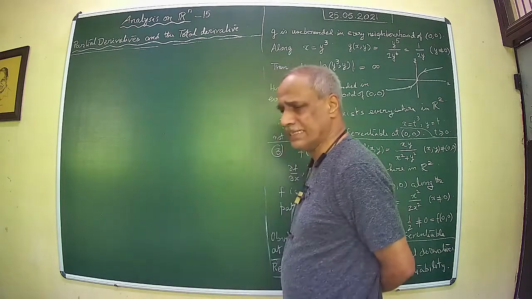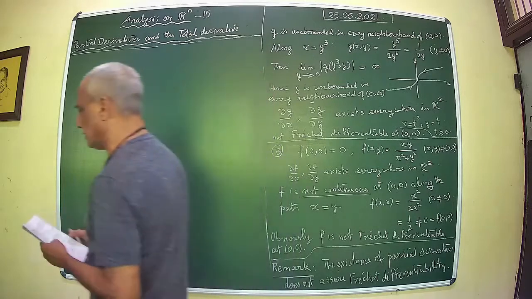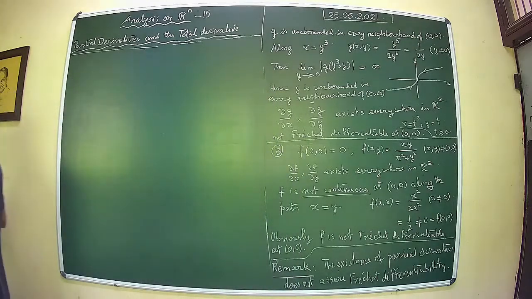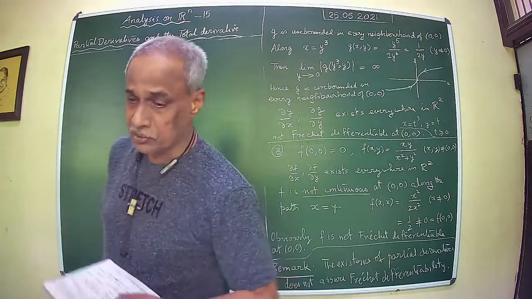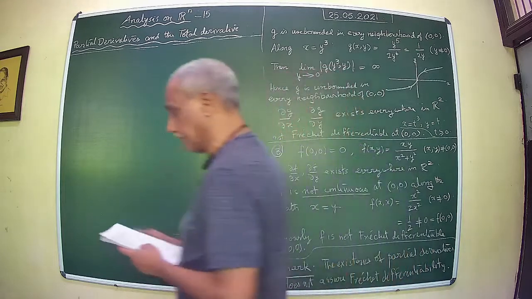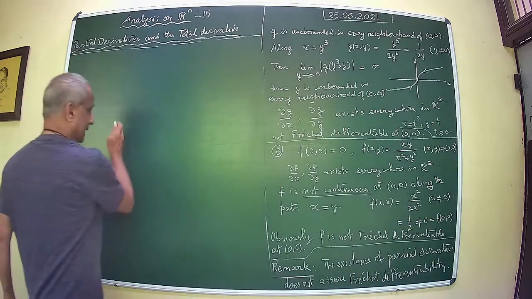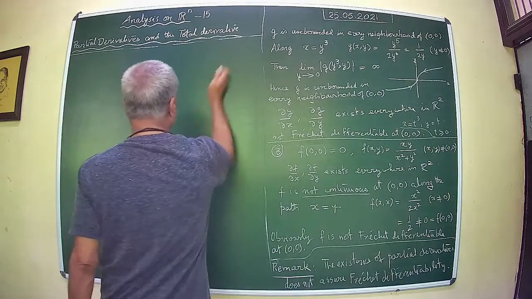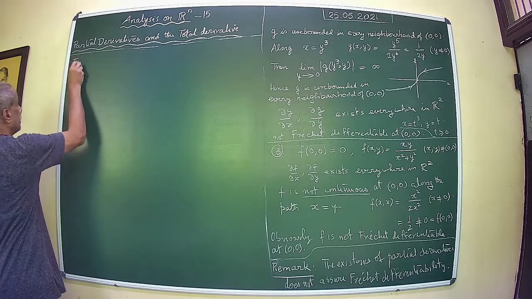Naturally, ask the question, is the converse true? That means, suppose the function is Frechet differentiable, then do the partial derivatives exist? Now this is the question that you are asking. So let us, in fact, we prove that it does, and we connect them up. So the following theorem does that.